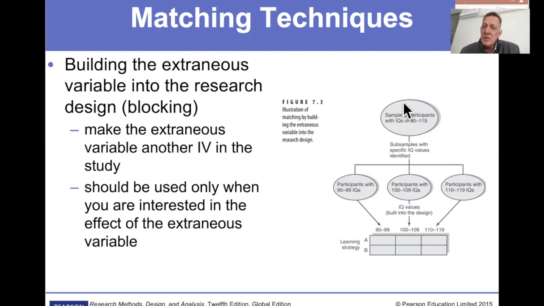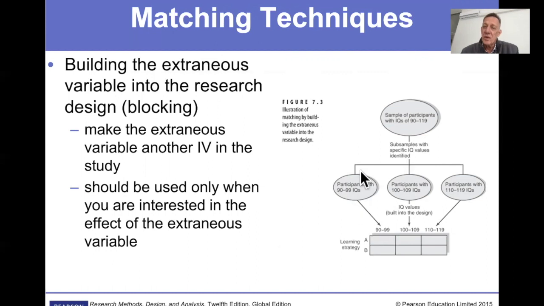We have a sample of participants with IQs between 90 and 119. We have a subsample with specific IQ values identified, and that is, in other words, the blocking variable.